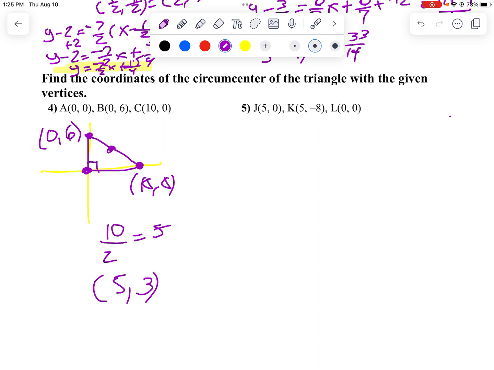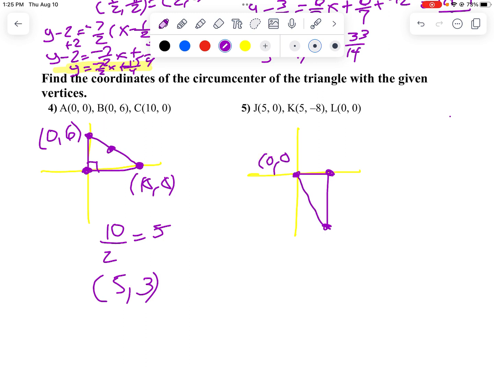Let's do the same thing on question number 5. So I've got the point 5, 0. I've got the point 5, negative 8. And I've got the point 0, 0. Oh, I've got a right triangle. The only thing that's in the fourth quadrant.